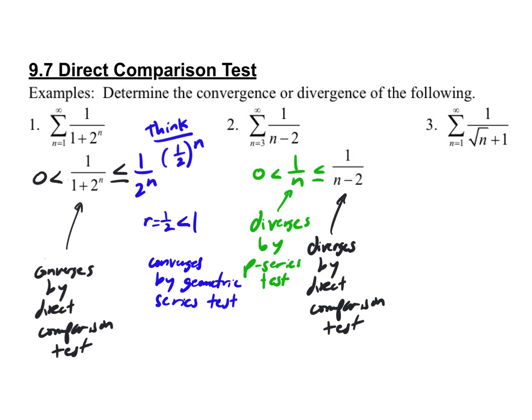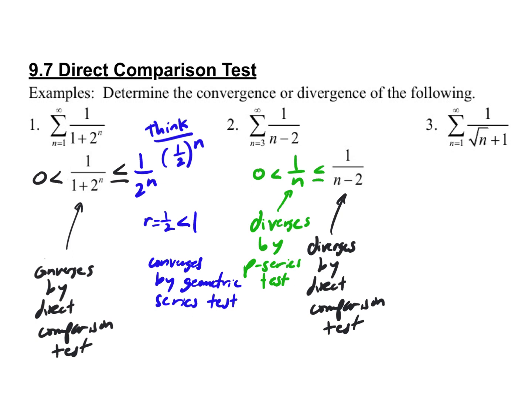So you have to prove both tests. Well, you really are proving one test, and then you're saying, because of this, here's how we can use the direct comparison test. The direct comparison test isn't anything other than picking some other fraction or function to determine its convergence or divergence. That's really all it is.